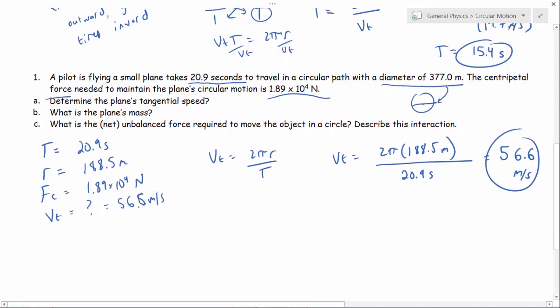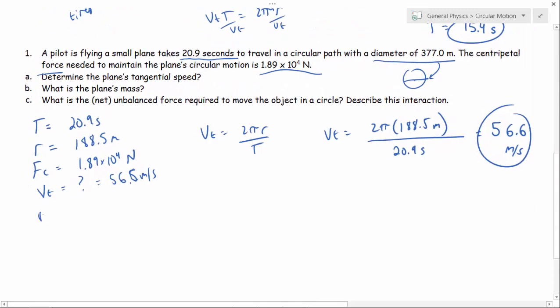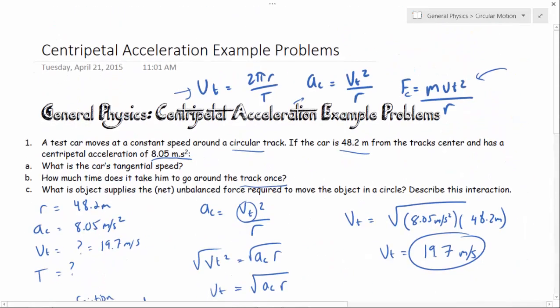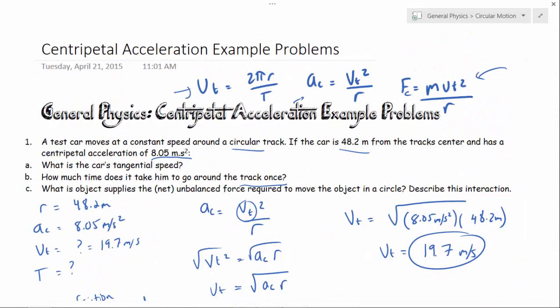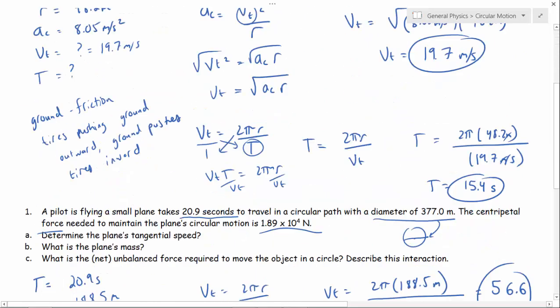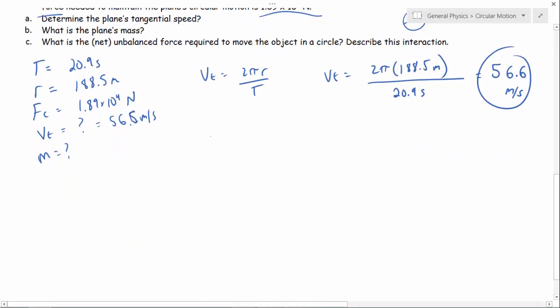Now that I know the speed, it asked me to solve for the plane's mass, m equals question mark. So I look at my 3 equations, and I want to find one that involves the mass. There's only one, and that's the centripetal force equation, number 3. So I'm going to write that down here. This is part 2. The centripetal force is equal to m vt squared over r, and I want to get m by itself.